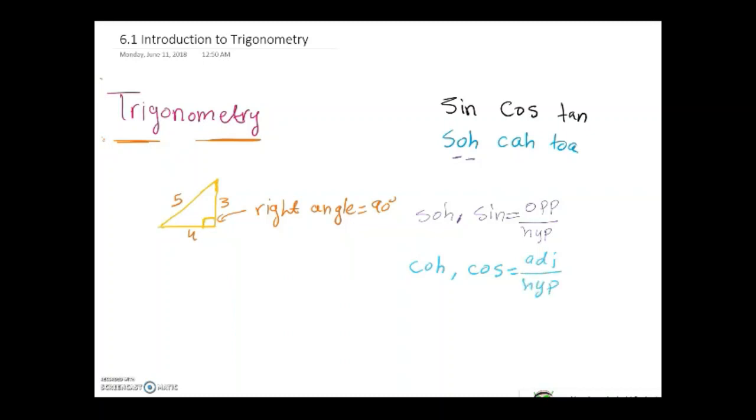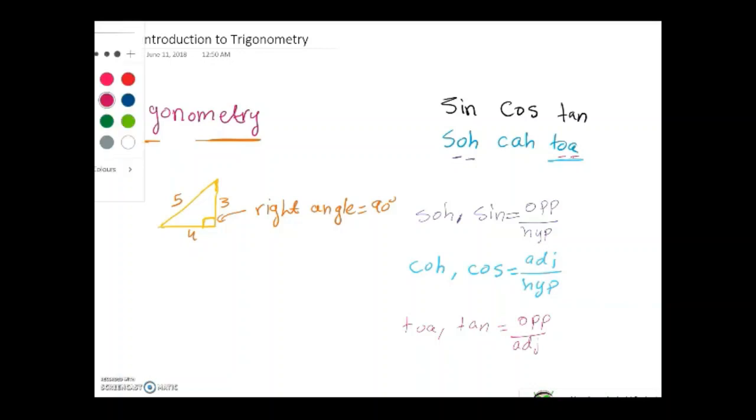And finally, the TOA means that tangent equals opposite over adjacent.